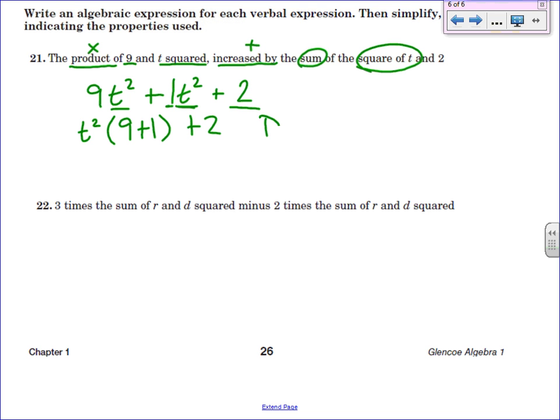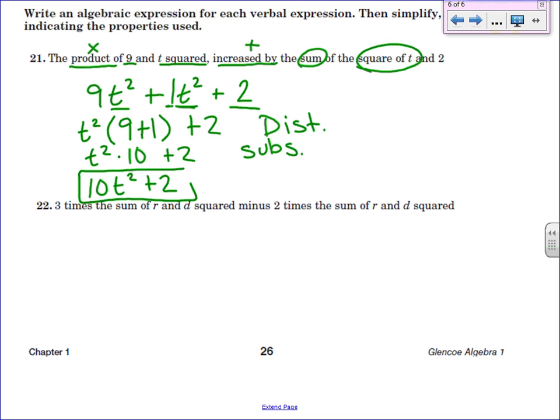And that's by the distributive property. And then 9 plus 1 is 10. And that's just a substitution property. And then just rewriting 10 in front of the variable. And it is simplified.